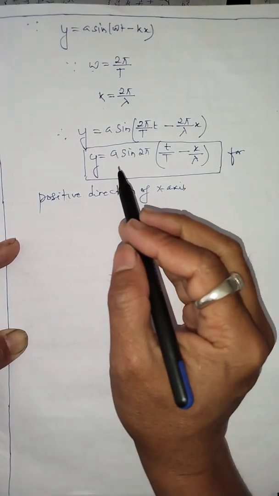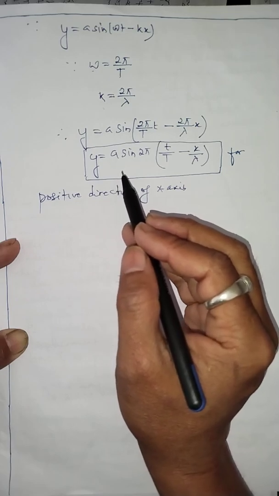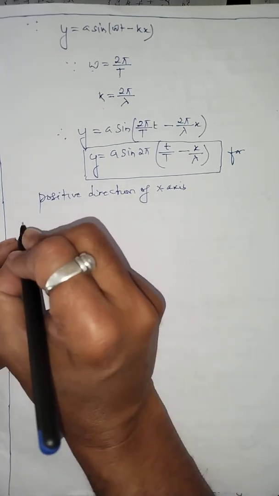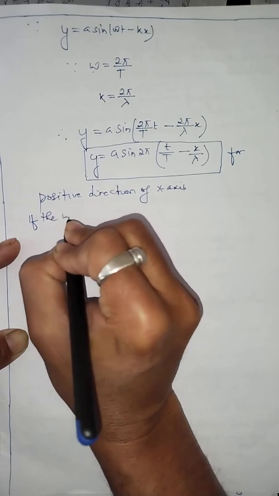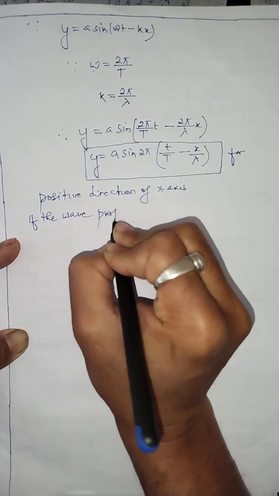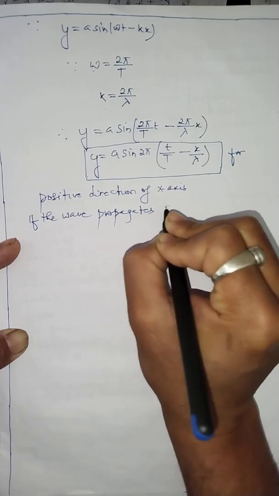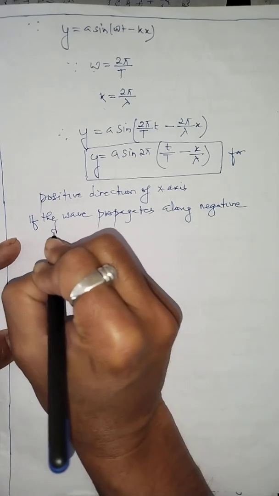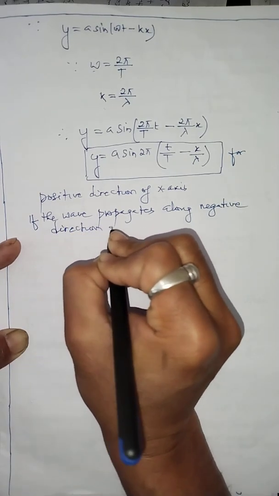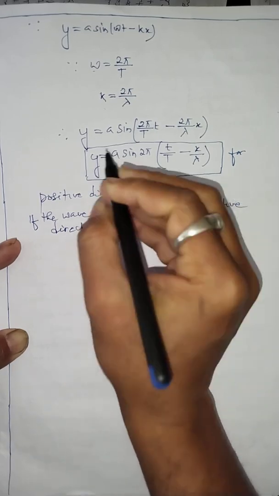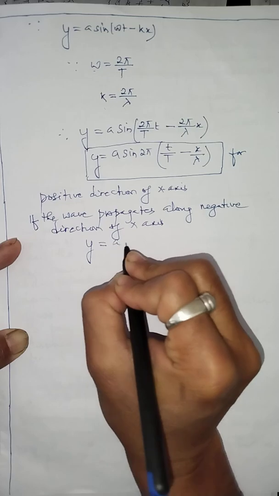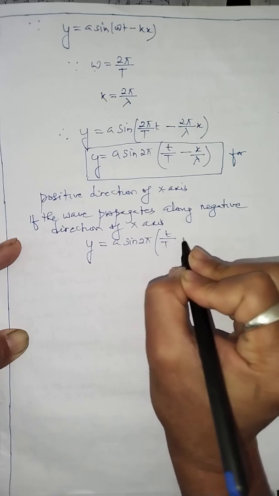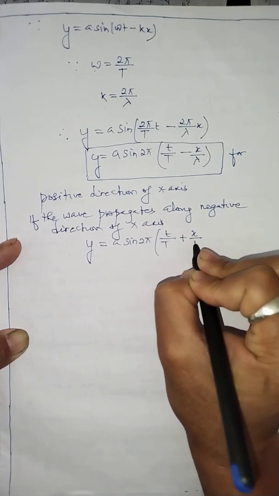Now children, the same relation I can write when the wave propagates along the negative direction of the x-axis. If the wave propagates along the negative direction of the x-axis, the same relation is y equals a sine 2 pi bracket t by T plus x by lambda, with a plus sign.